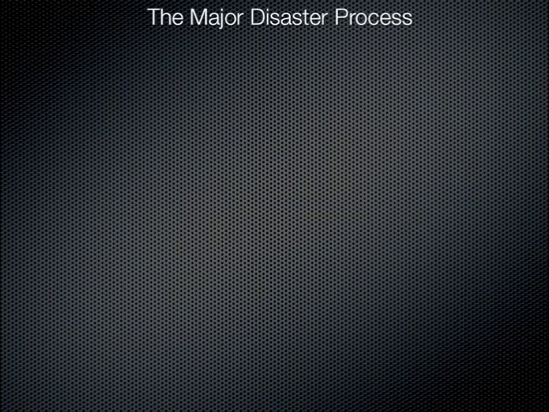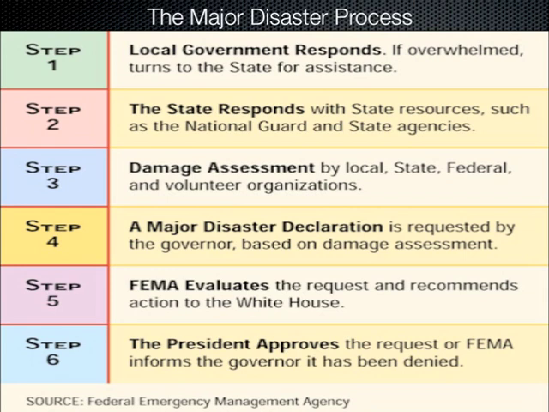The major disaster process. Step 1. Local government responds. If overwhelmed, turns to the state for assistance. Step 2. The state responds with state resources, such as the National Guard and state agencies. Step 3. Damage assessment by local, state, federal, and volunteer organizations.